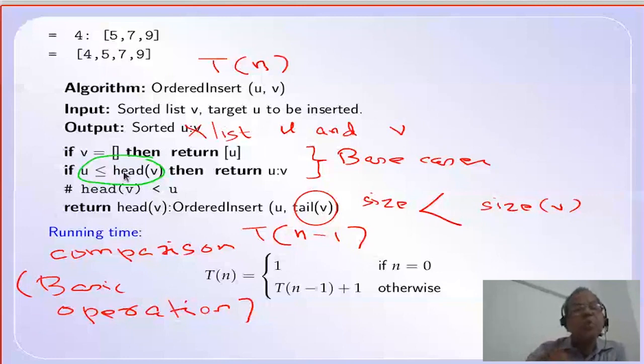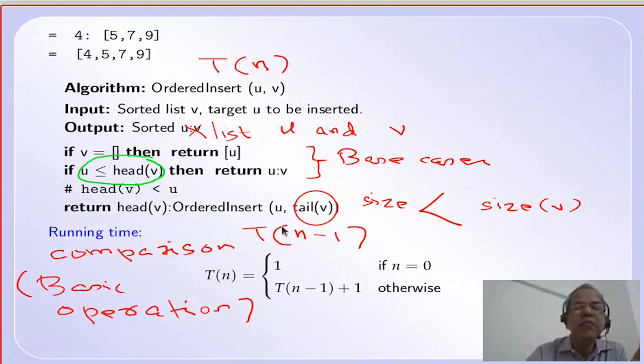It is also possible that the basic operation is both comparison and prepend. But if I consider only comparison as the only operation, what is the running time T of n?